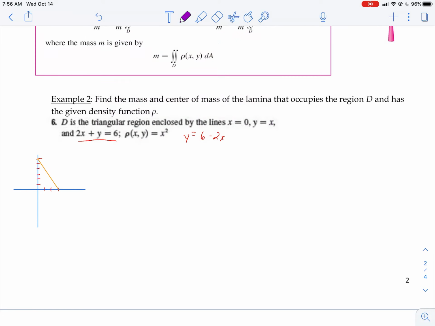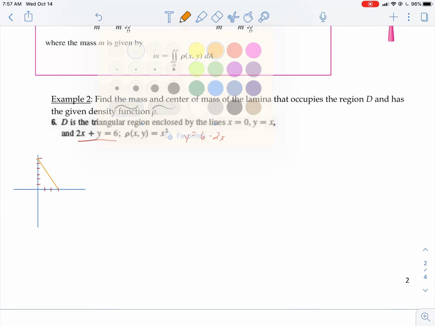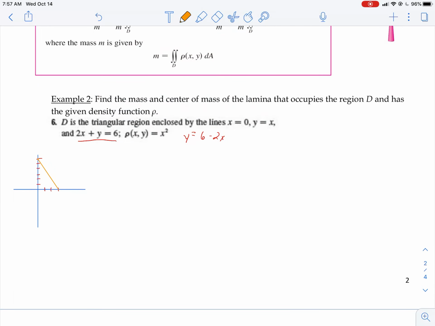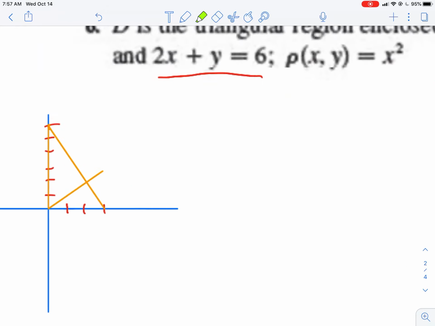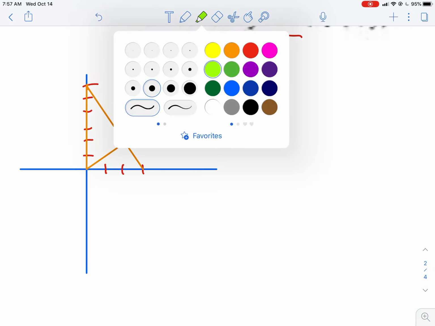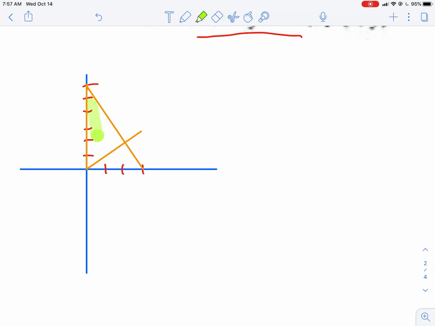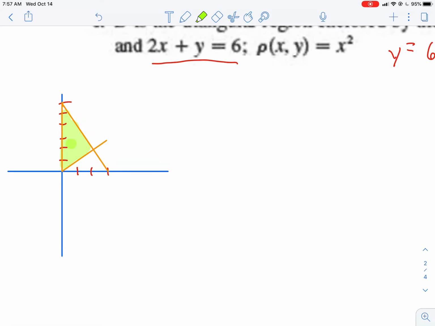So there's that line. Then I have y equals x, which is going to be right there, and then x equals 0, which is this vertical line right there. And there's our region.